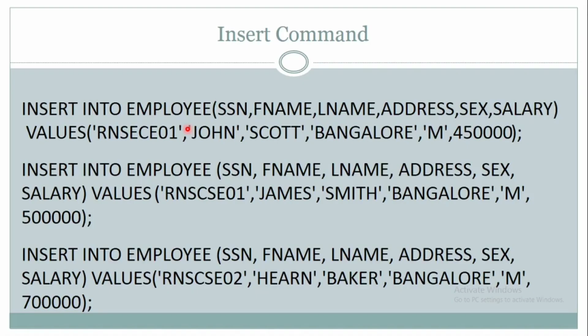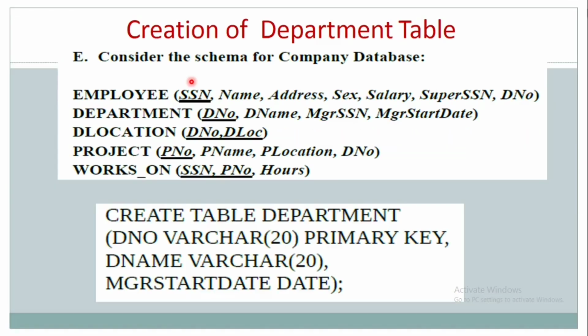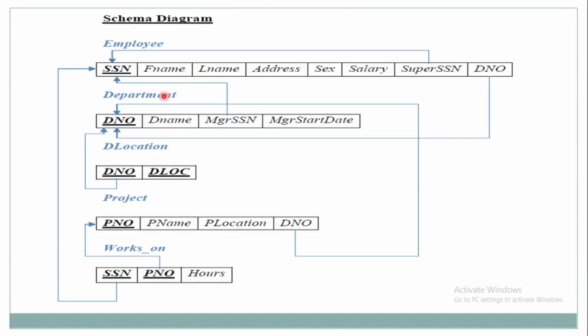To begin with, we need to insert into the employee table. To do that, let us look into the relation schema. The reason we created the department table first and skipped manager SSN is that manager SSN was a child key and SSN was a parent key.